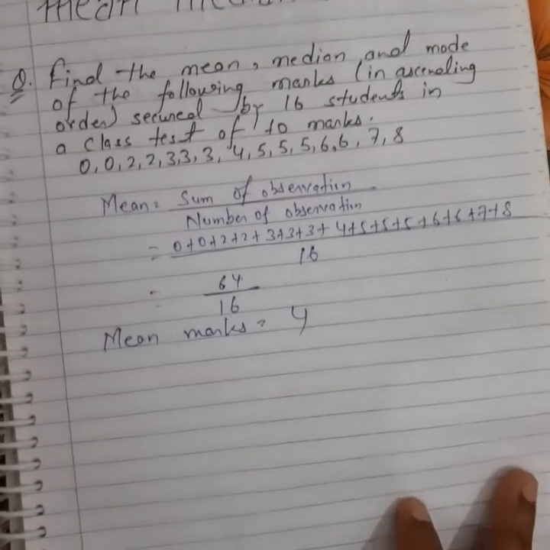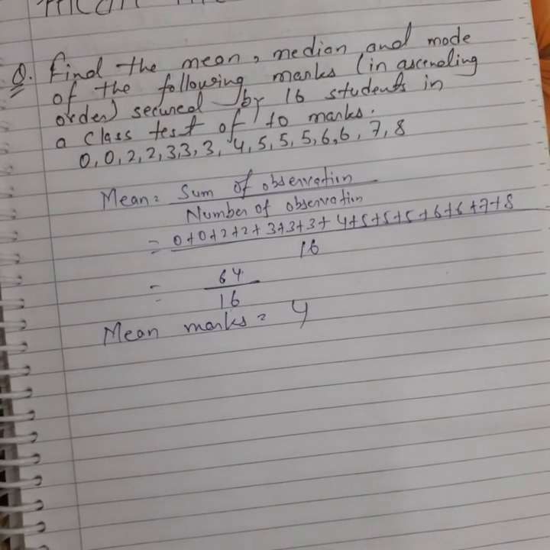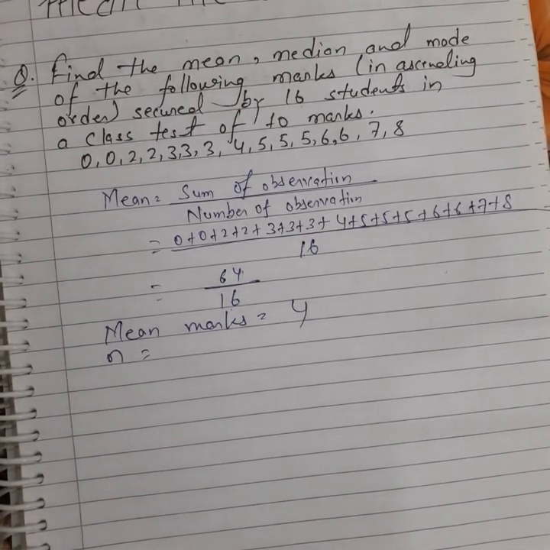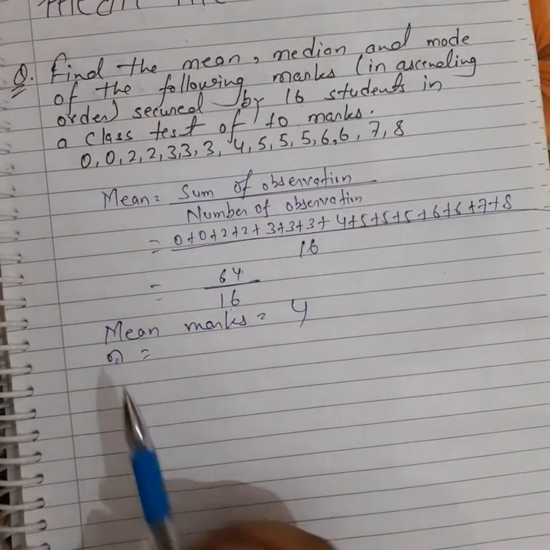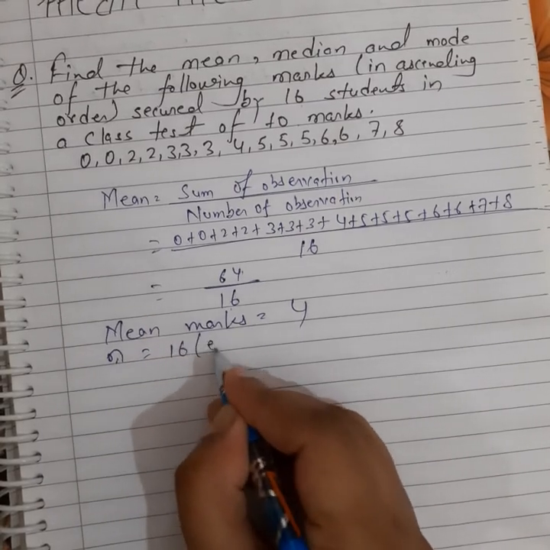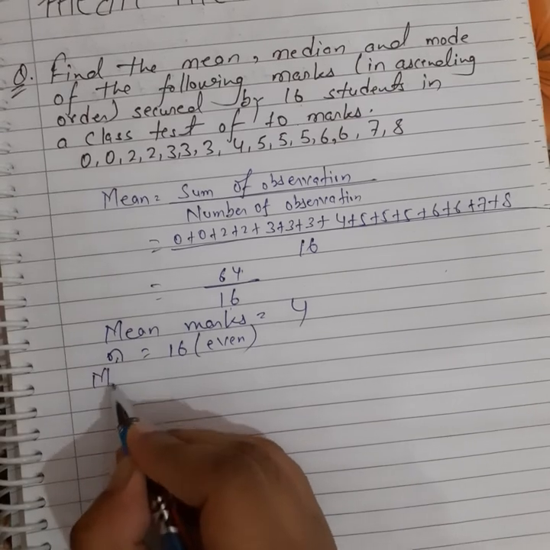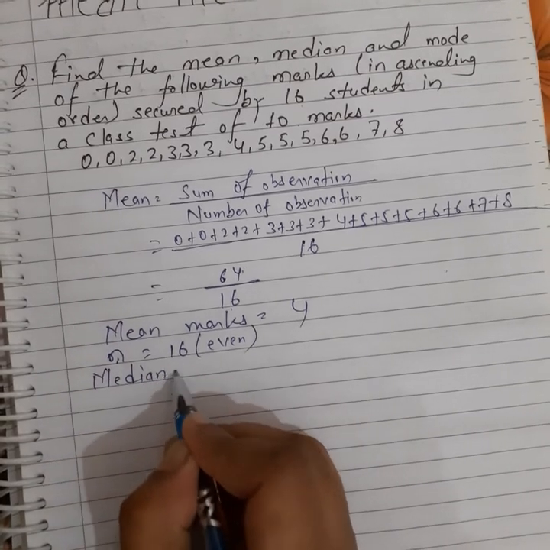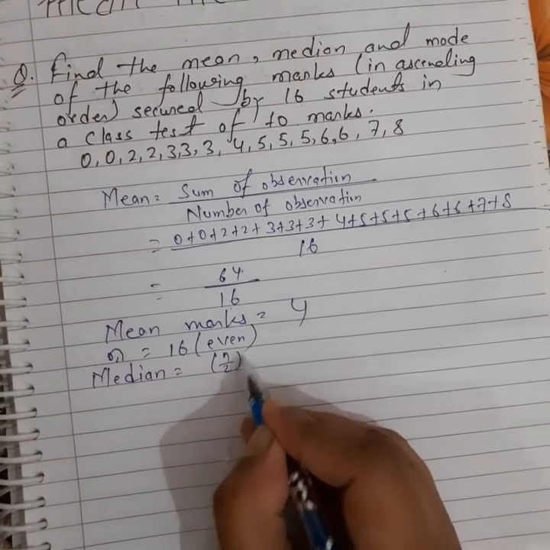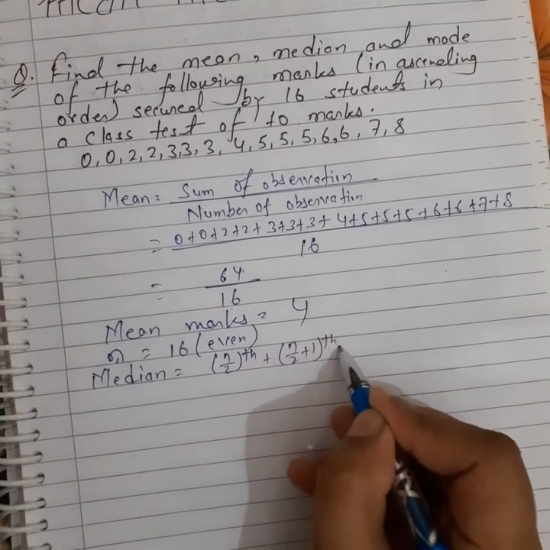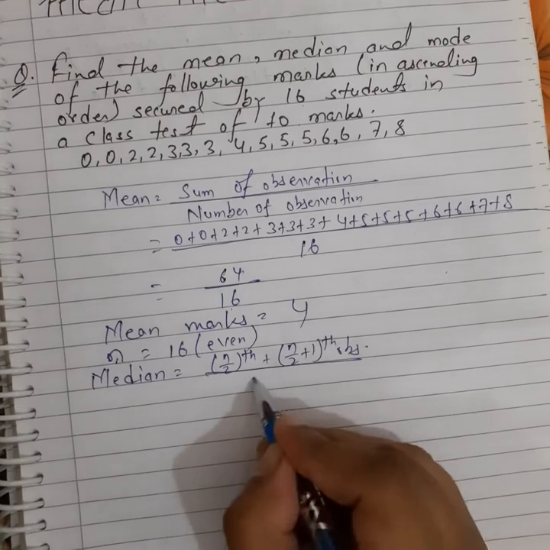Now we find median. For finding median, we have to find the value of n. Here it is 16 students, so n is equal to 16, which is even. Now we know that median is equal to n by 2th plus n by 2 plus 1th observation, divided by 2.